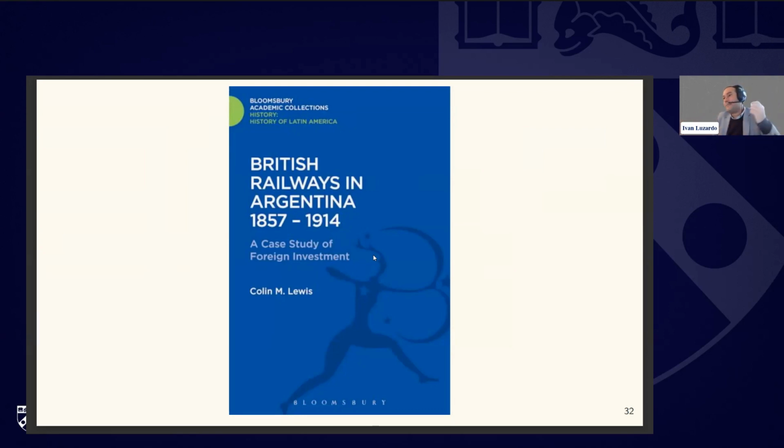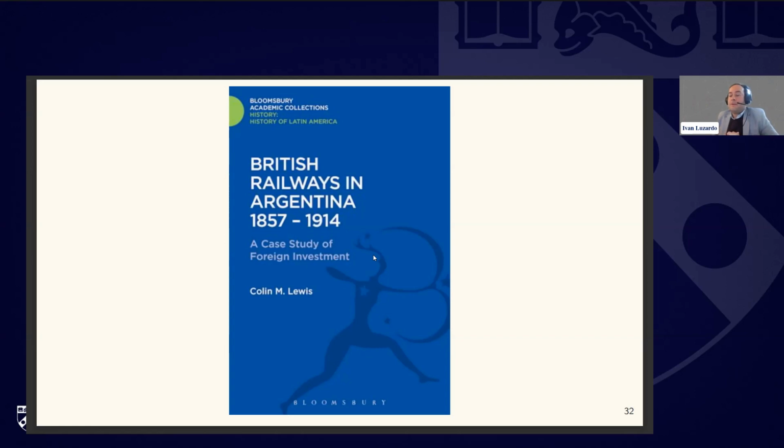So here you have all the elements that I have briefly described: foreign investment, how railroads expand in Argentina, and how that also opened the possibilities for exporting at a large scale. So if you are particularly interested in the case of Argentina, I think that would be a good reference.